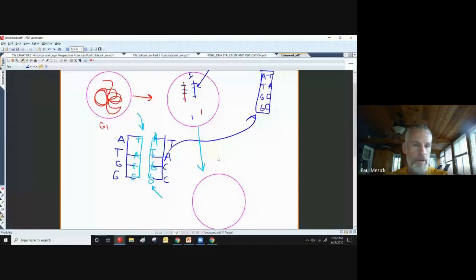I apologize, go backwards. We'll do this. And we've done this. We'll stick with the same color. We made a duplicate copy.